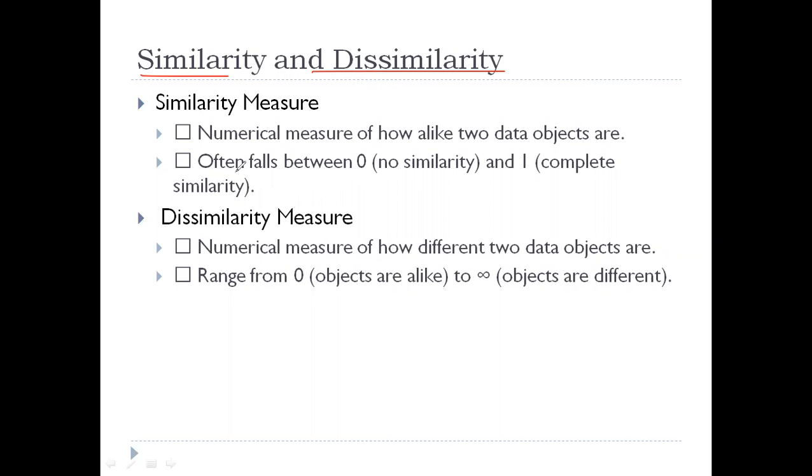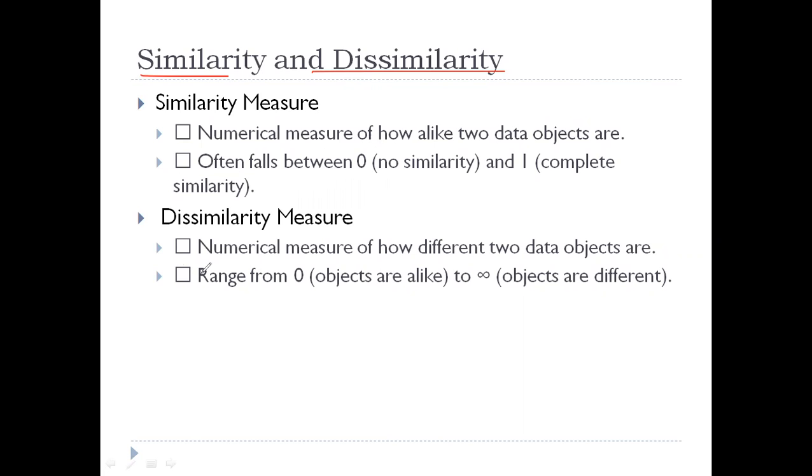You may call them pattern problems. By using similarity and dissimilarity measures, we can solve some real-time pattern recognition problems, which may be either classification or clustering.